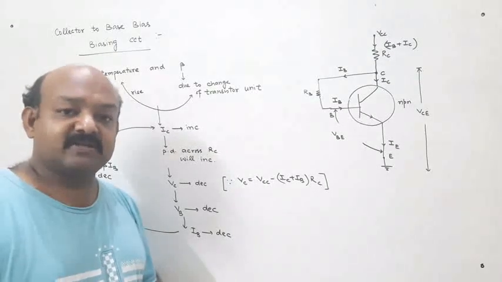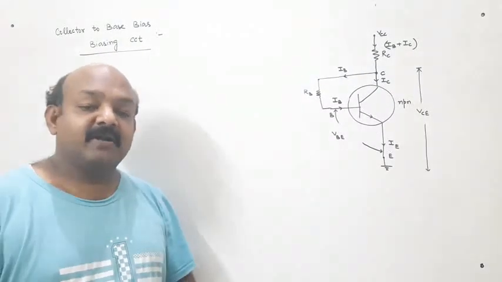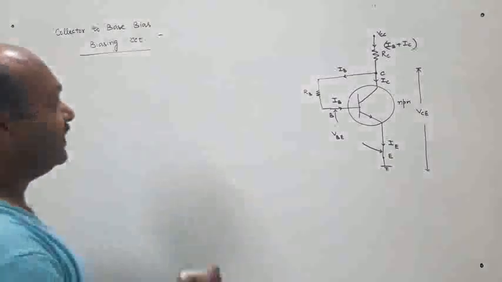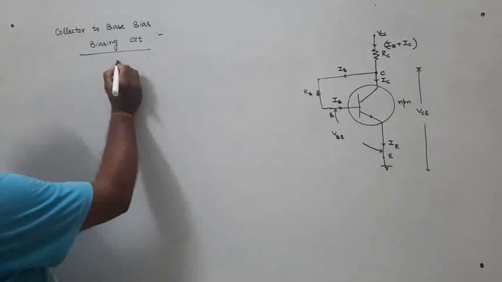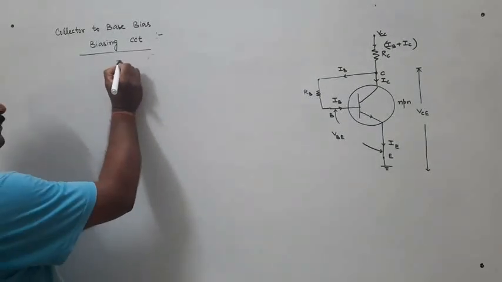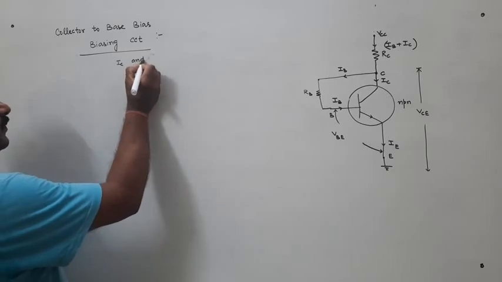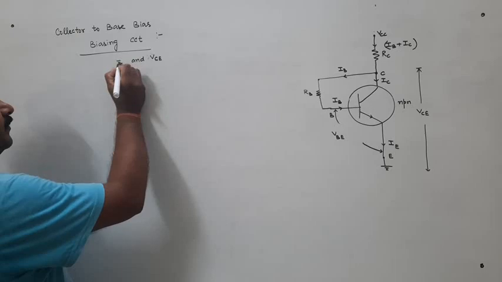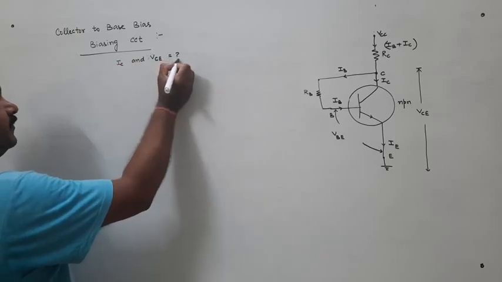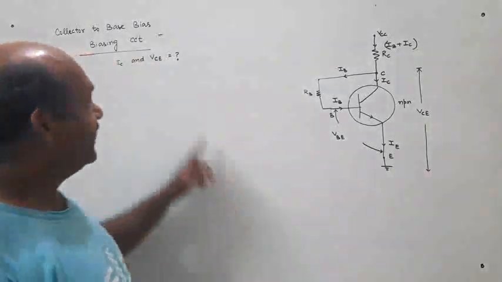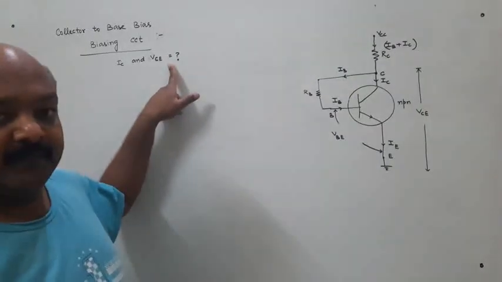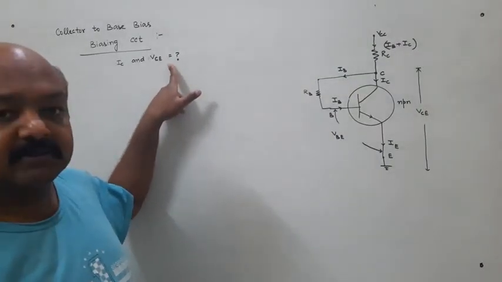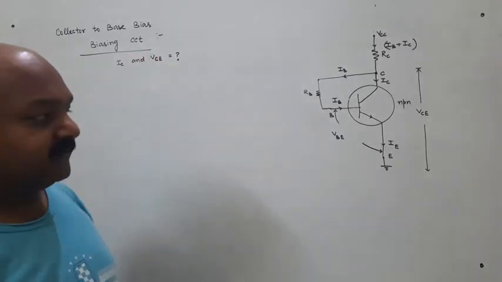Now the second question is how we can find the Q point for this circuit. So now we will find the operating point. Operating point is the value of IC and VCE. The specific values of collector current and VCE give us the operating point.